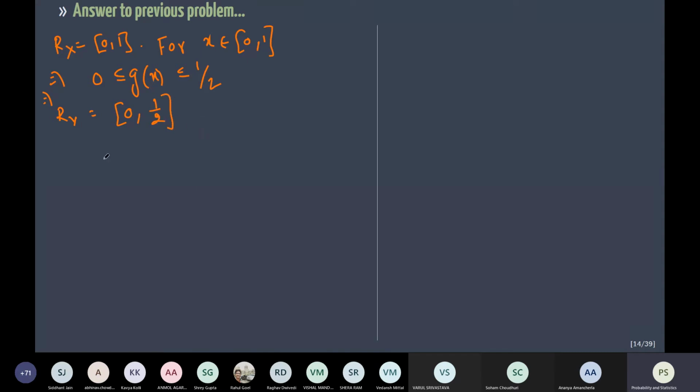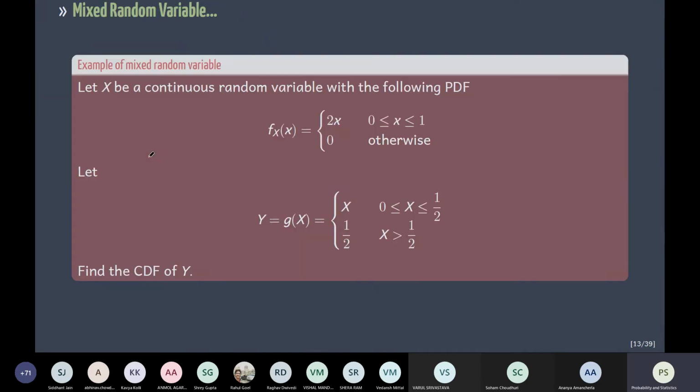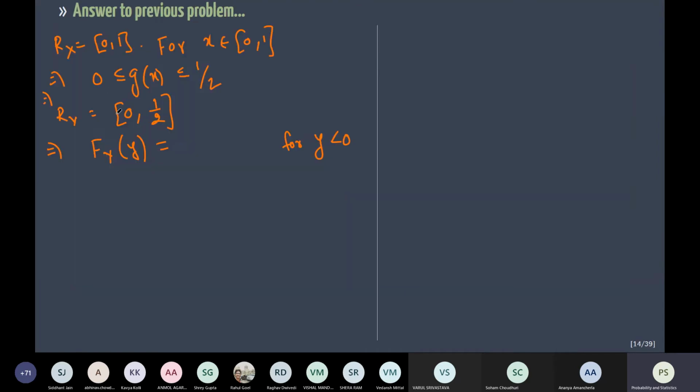So this implies F_y, the CDF of y, for y less than 0 is 0, because the range is defined to be from 0 to half.